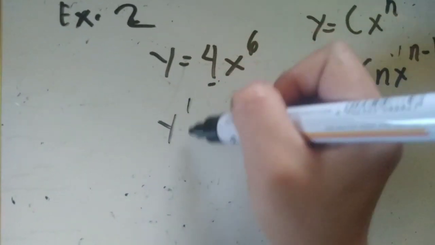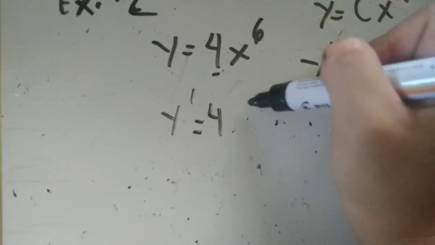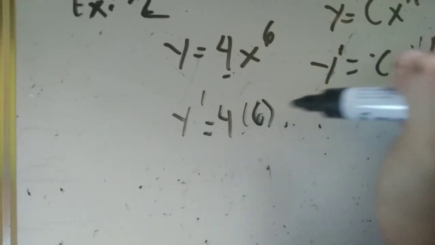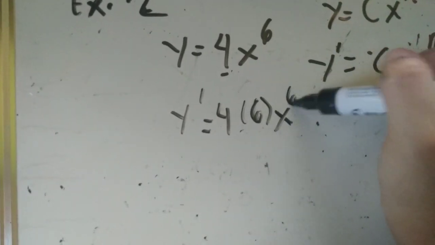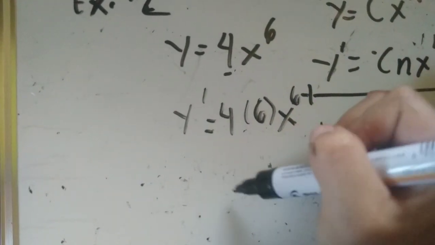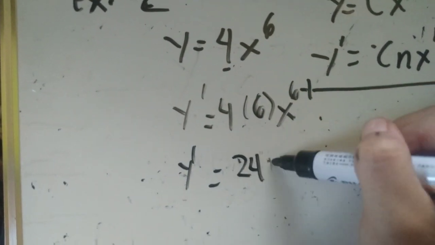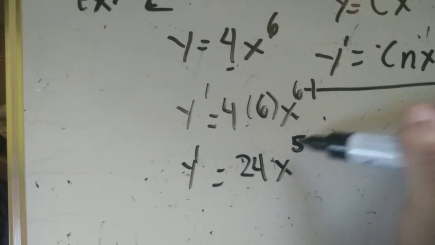So y prime equals 4, then our n is 6. Then our x, copy the x, then raised to 6 minus 1. So that would be 4 times 6, that would be 24. x, 6 minus 1, so raised to 5.